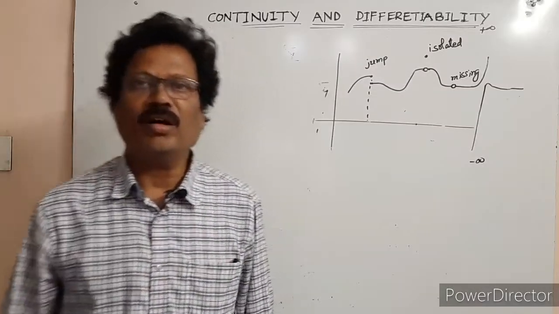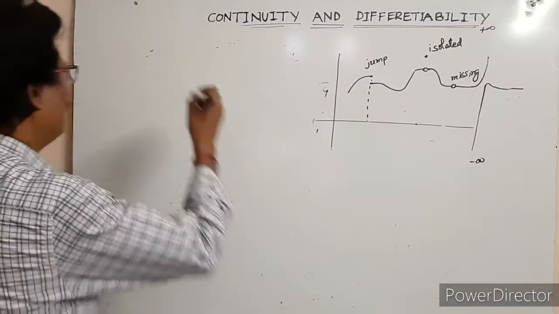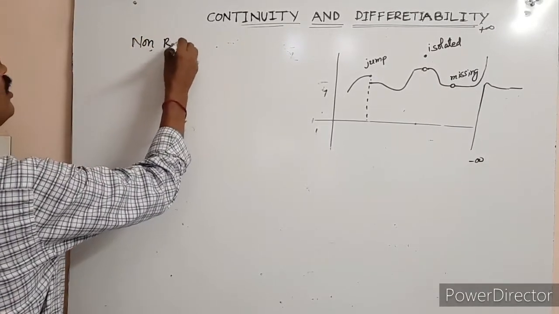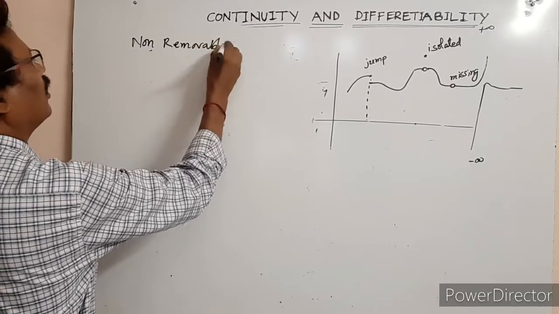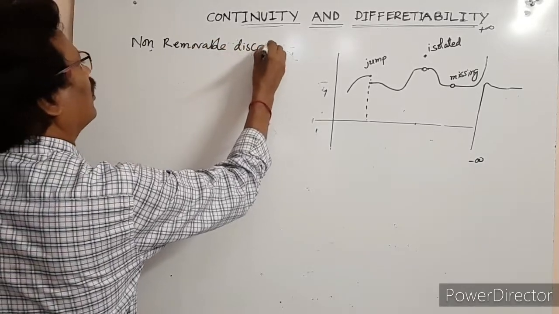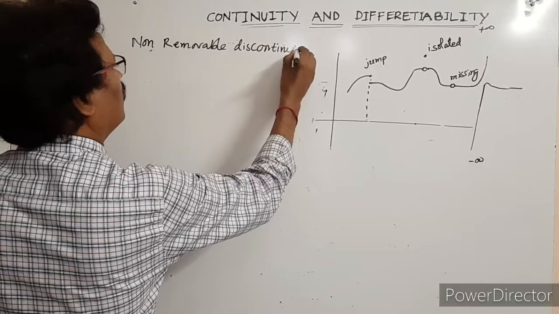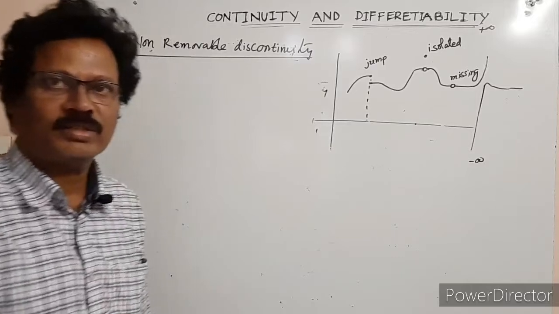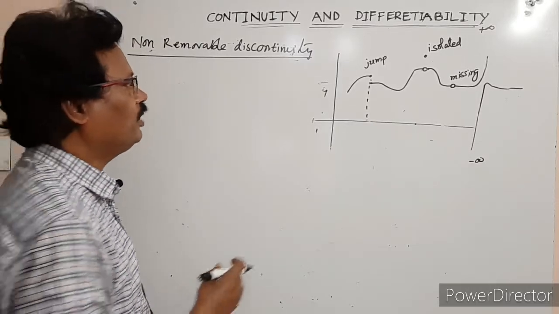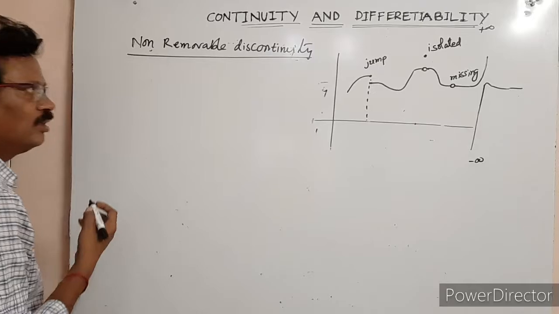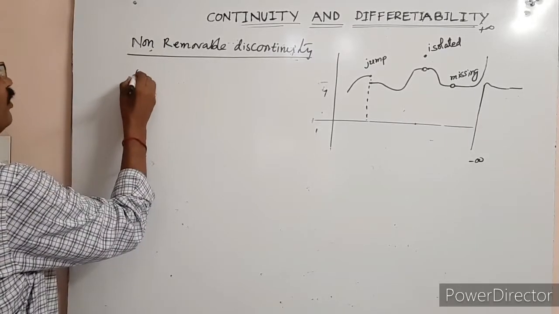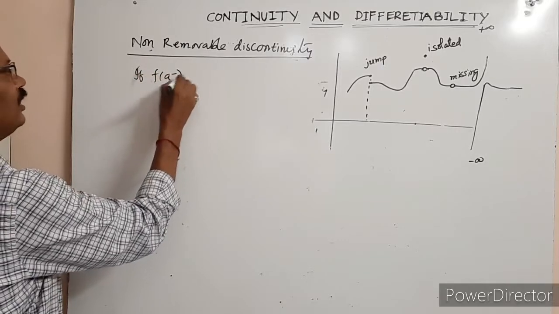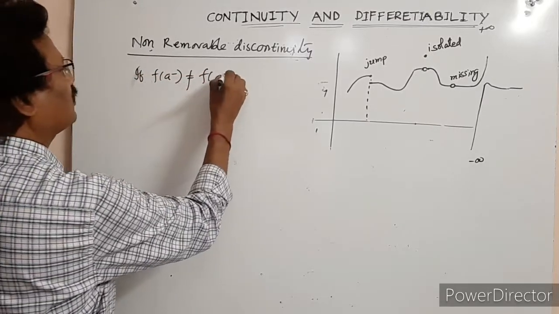Now let us see the non-removable discontinuity. We can't remove the discontinuity like in the last one. Suppose we take the jump discontinuity, first one, where f of a minus is not equal to f of a plus.